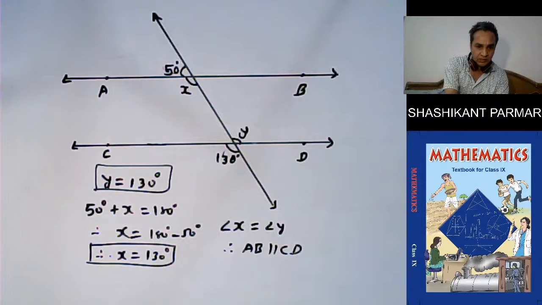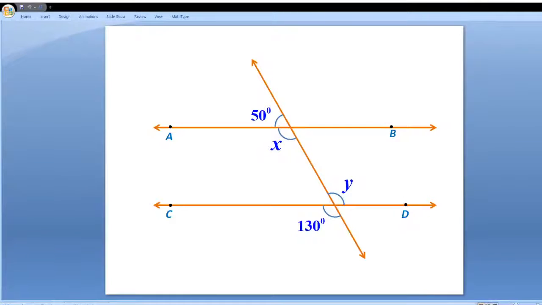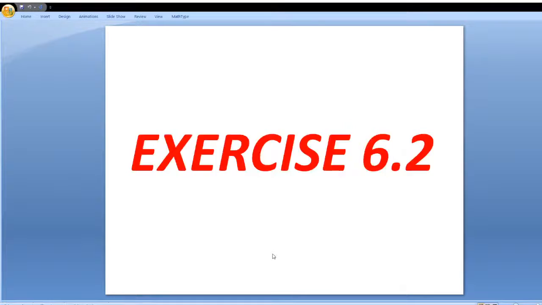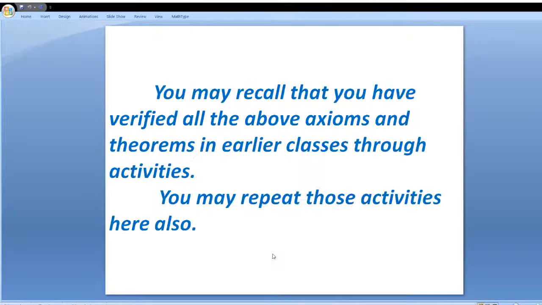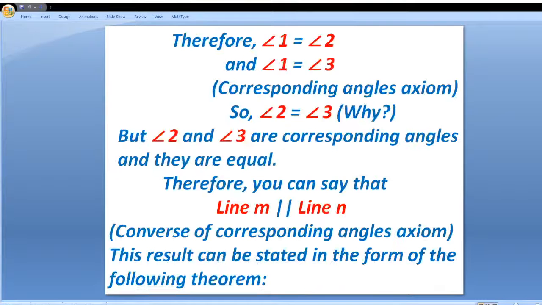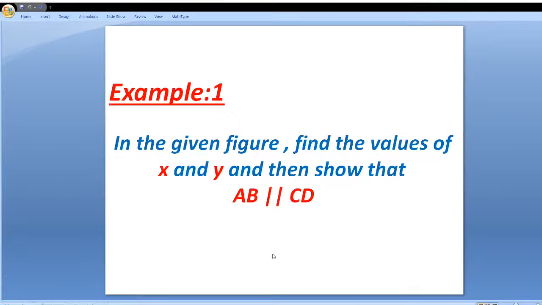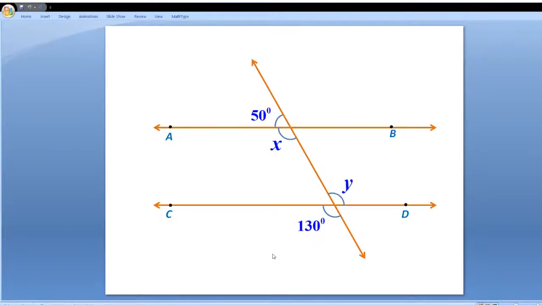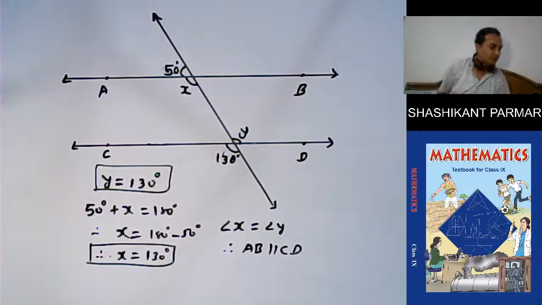See here, we have already studied 6.3: if a pair of alternate interior angles is equal, then the two lines are parallel. So with this we can say that these two lines are parallel. Try to understand, or if you have any problem, ask me.